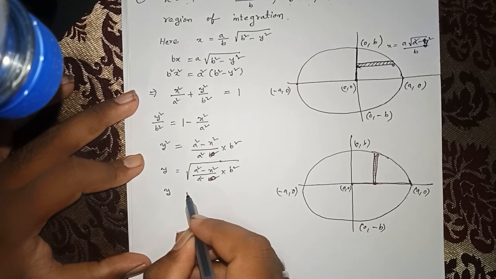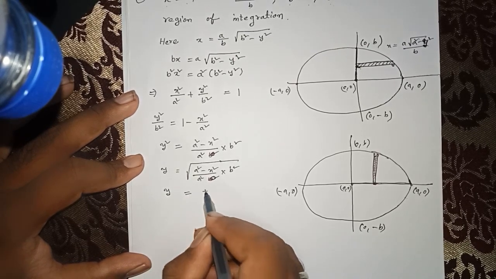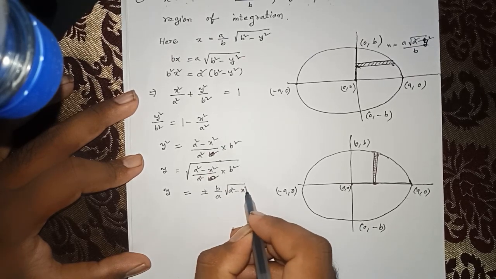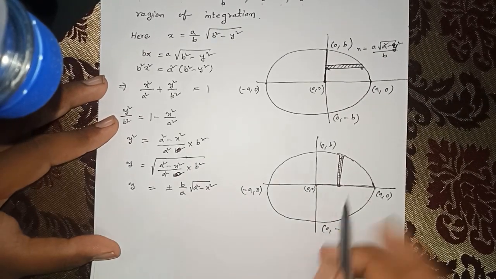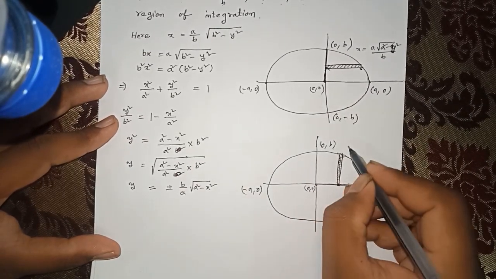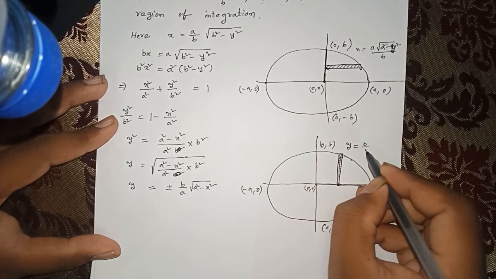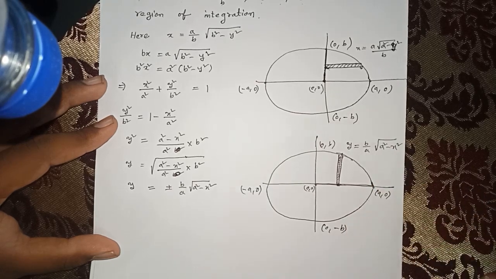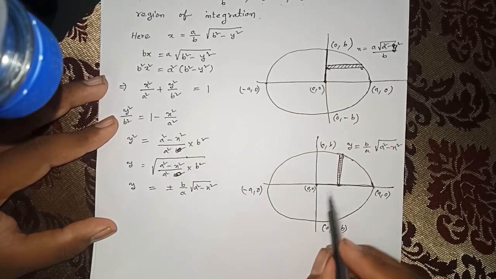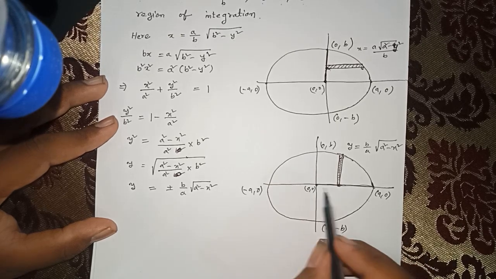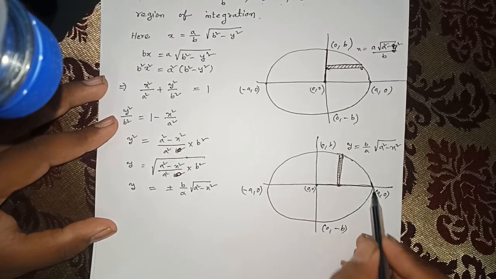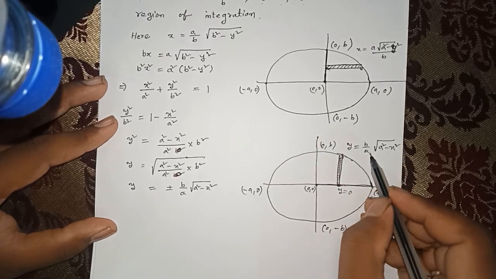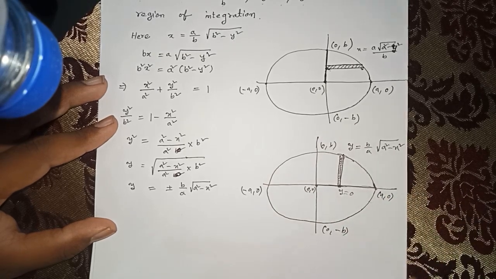Therefore y is equal to plus or minus b by a square root of a square minus x square. In the positive quadrant, y is equal to b by a root of a square minus x square. Therefore finally x is moving from 0 to a, and y is moving from y equal to 0 to y equal to b by a root of a square minus x square.